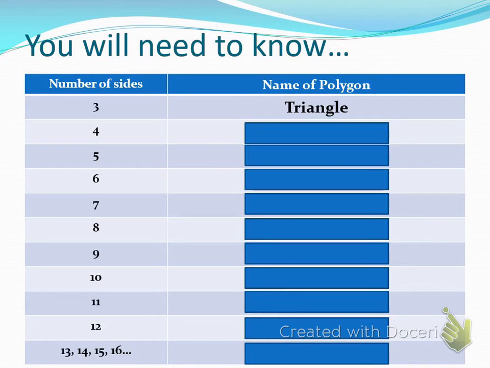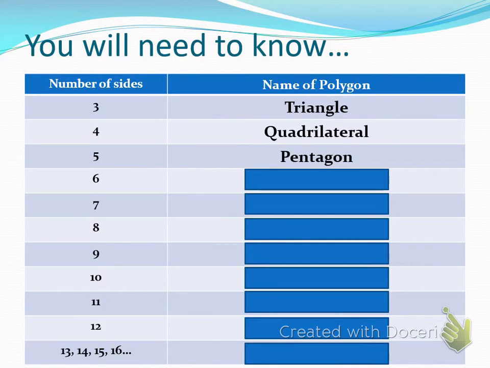So we are on page 2. What is the official name of a 4-sided polygon? Quadrilateral. A 5-sided shape? Pentagon. A 6-sided shape?